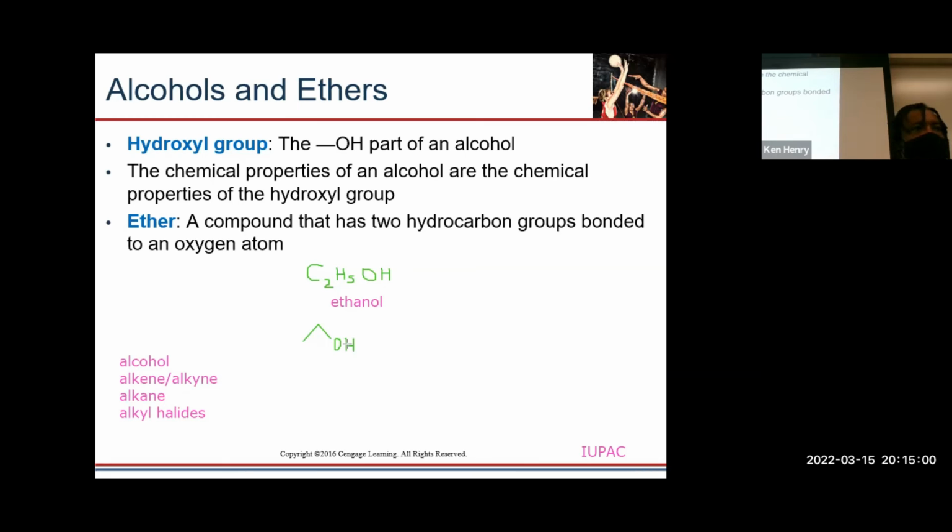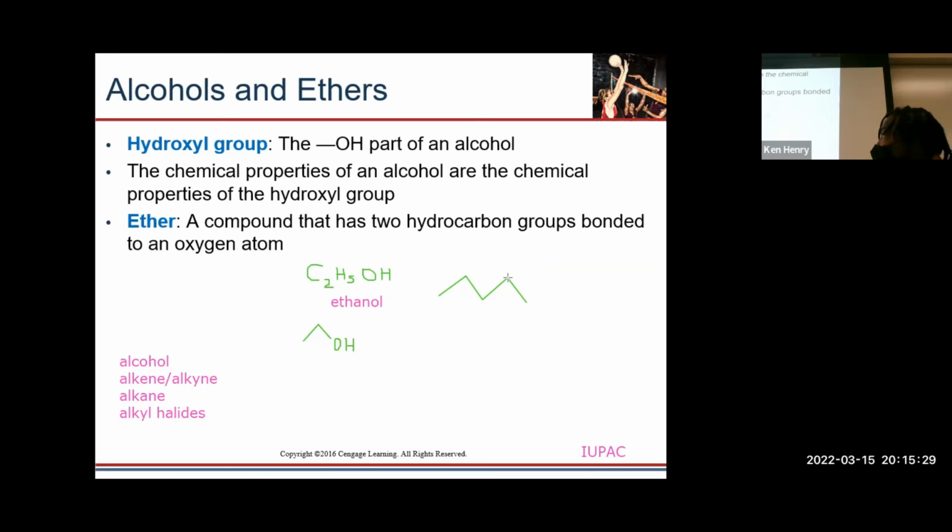We don't have to put a number because we understand that it's at the end of the structure, because it has priority. So this here is going to be our first carbon, that's going to be our second carbon. So it's always going to be at the first carbon if it doesn't have a number there, right?